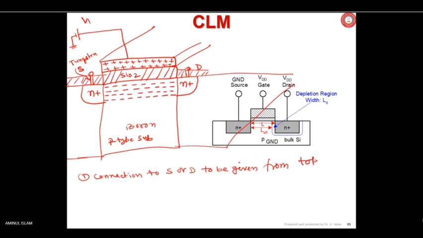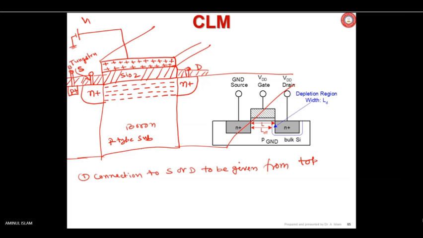You make another p plus region, since you want a good contact. So with this p-type substrate, you make p plus, and a good ohmic contact can be given here instead of giving it from the bottom.